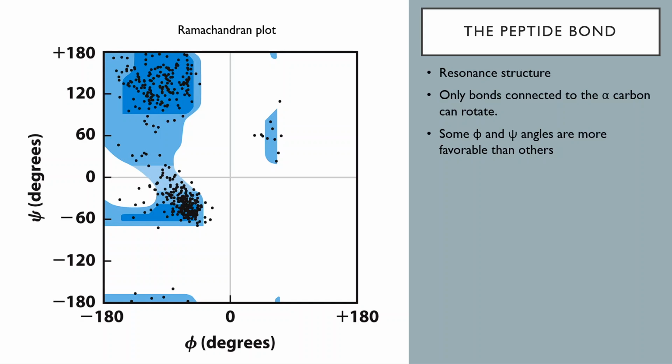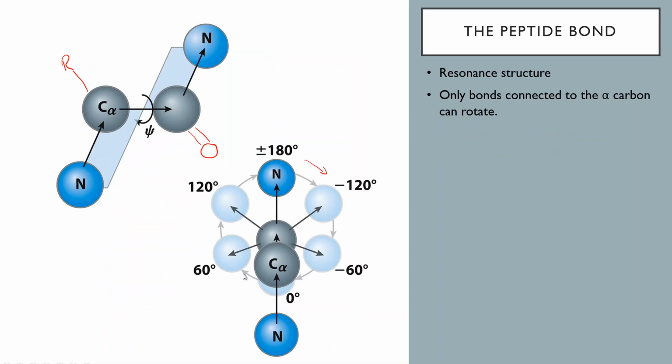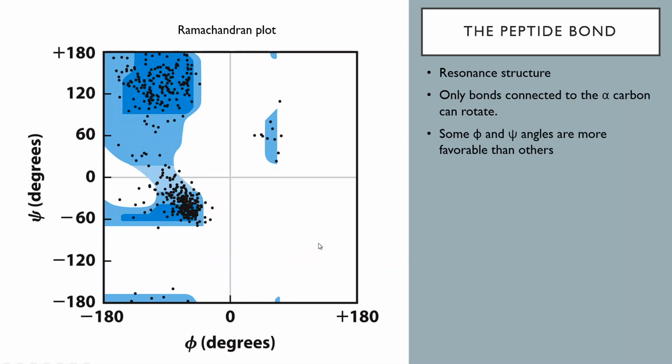So some phi and psi angles are more favorable than others, and which ones depends on the amino acid. This is called a Ramachandran plot, where you plot all the possible phi and psi degrees. Both axes go from negative 180 to positive 180. Again, 0 means this position here, where the angle is rotated such that the nitrogens are opposite to each other, and 180 is when they're facing at either end.